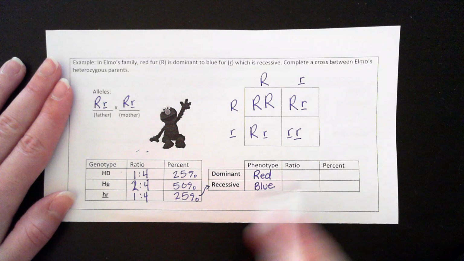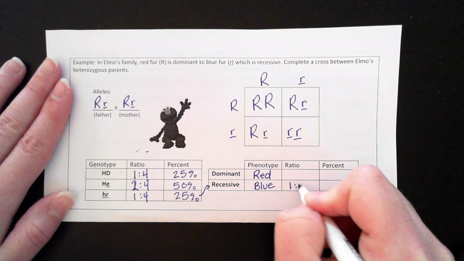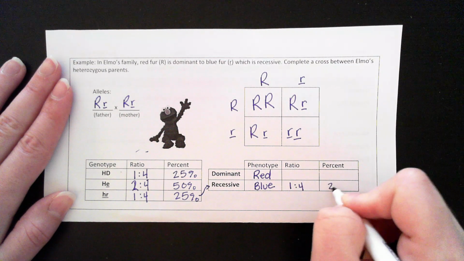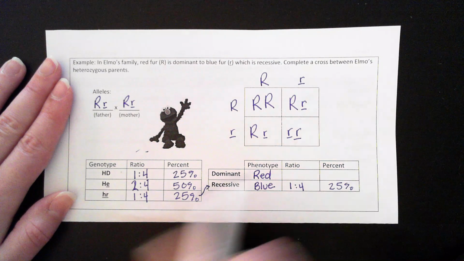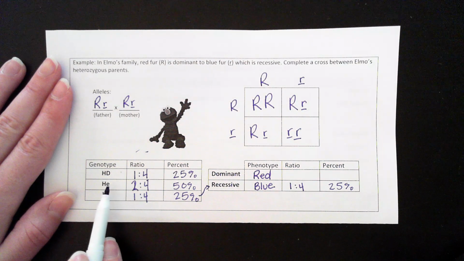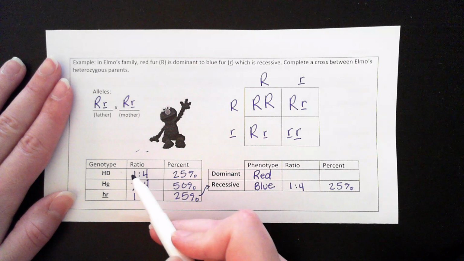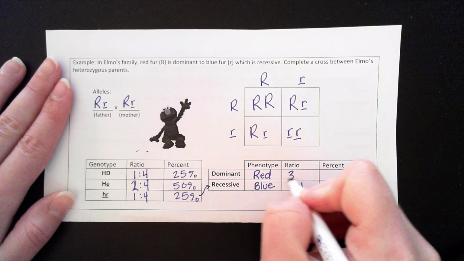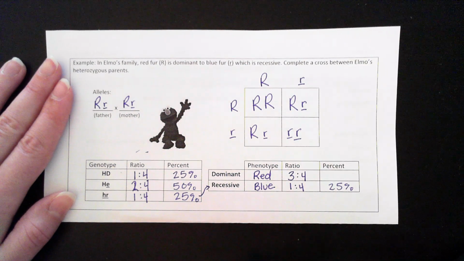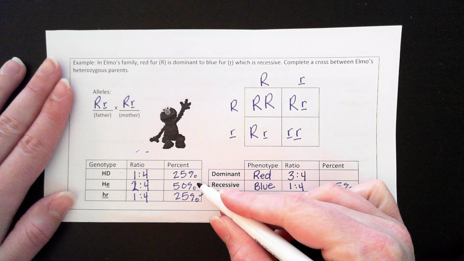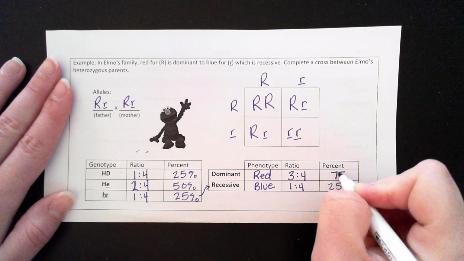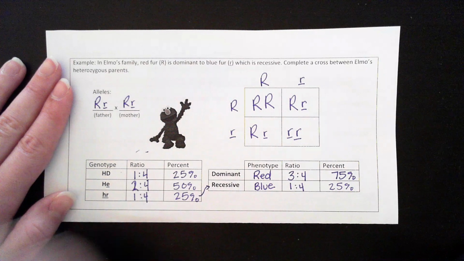So the bottom line is going to stay the same. And then for my HD and HE lines, I'm going to add them together. So 1 and 2 makes 3 out of 4. 25 and 50% together make 75%.